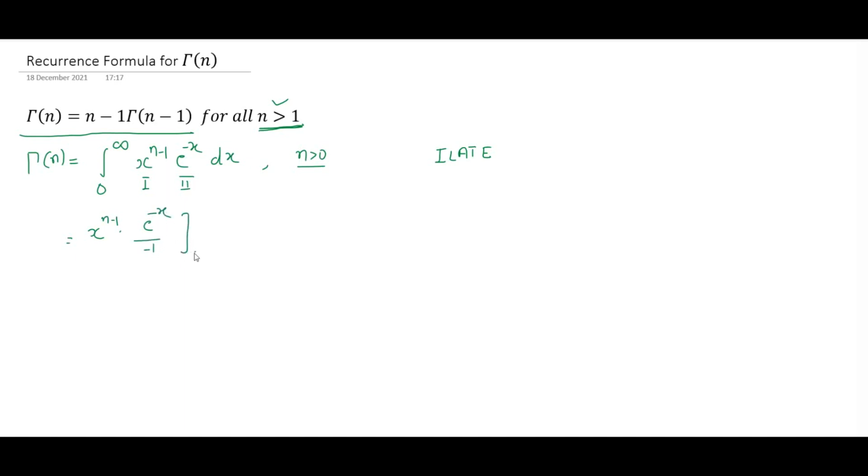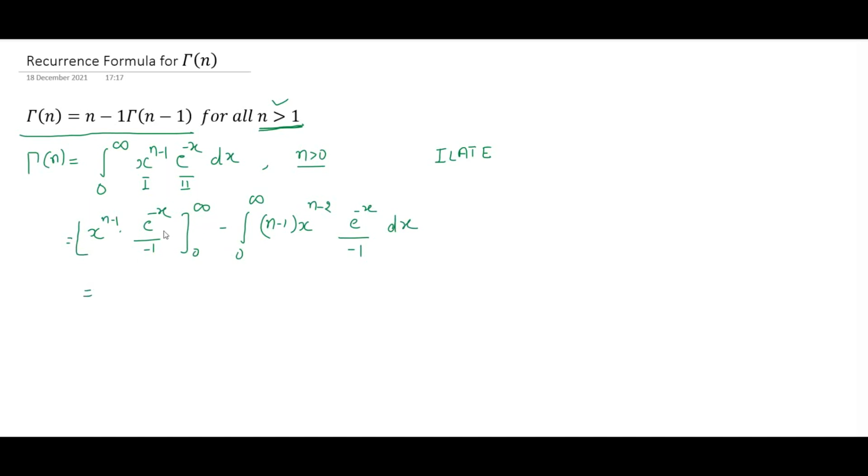The limits of integration are 0 to infinity, minus integral 0 to infinity of the differentiation of the first function, n minus 1 x raised to power n minus 2, and the integration of the second, e raised to power minus x dx. Now put the limit of integration in the first portion.